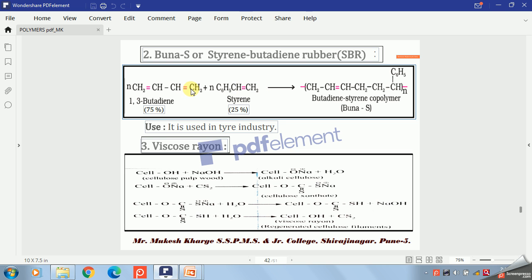When the first carbon of 1,3-butadiene forms a bond with this carbon, this double bond gets shifted here, and the ending CH group of styrene forms a bond with the ending carbon of 1,3-butadiene. In this way there is a formation of butadiene styrene copolymer. Here the C6H5 group is a branch, so it is a branched chain polymer and it is used in the tire industry.